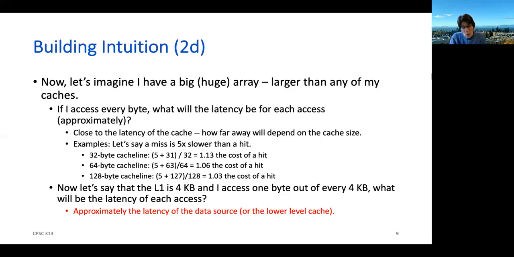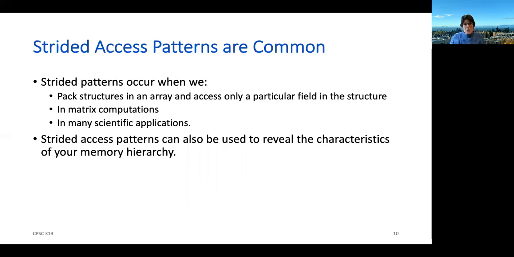Okay, so one of the ways that we can figure out how large caches are is by changing these stride patterns and seeing what happens to the performance, right? And it turns out that strided patterns are actually pretty common. If you have a whole bunch of structures packed into an array, but you're only accessing one field in those structures, that will generate a strided access pattern.